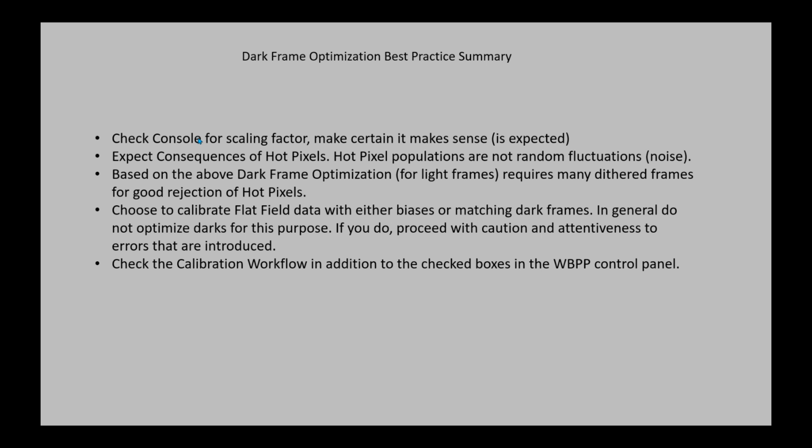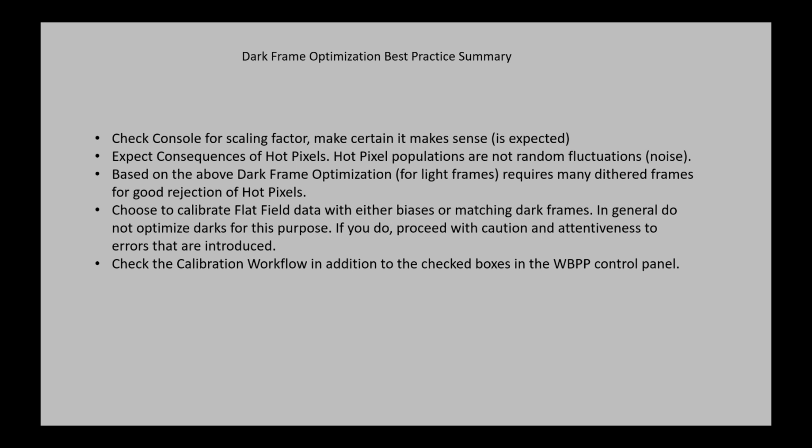Actually look in the console and make sure that it makes sense, that it's expected. If, for example, you're optimizing exposures that are the same exposure time, you wouldn't expect there to be a big difference, unless your temperatures are really wildly different. You might expect scaling factors that are a little bit less than 1, a little bit greater than 1, but you wouldn't expect 0.5, for example.